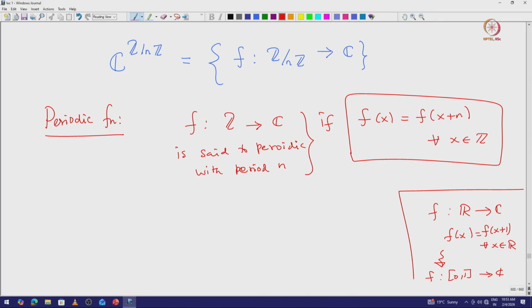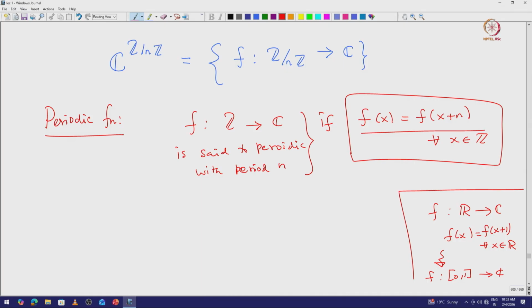So, this is the classical picture. So, here we are looking at the discrete version of that. That means we are looking at the functions from Z to C that satisfy this periodicity condition.